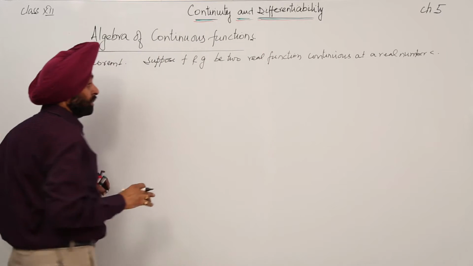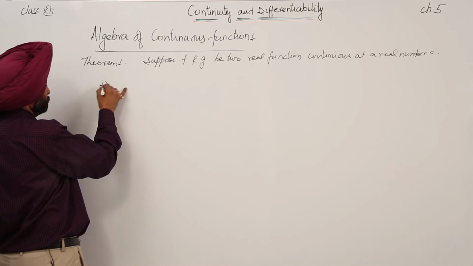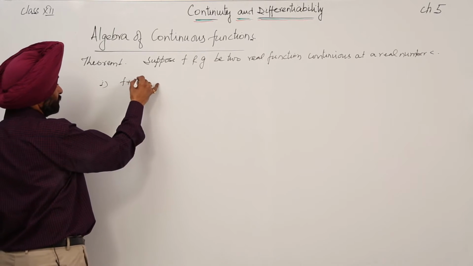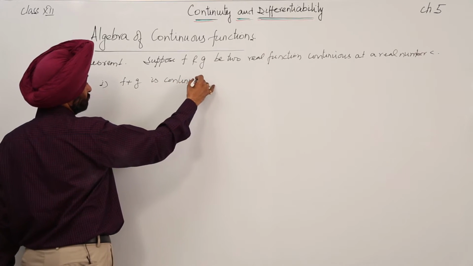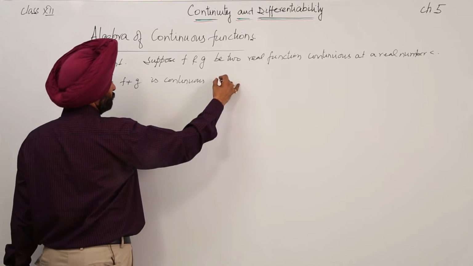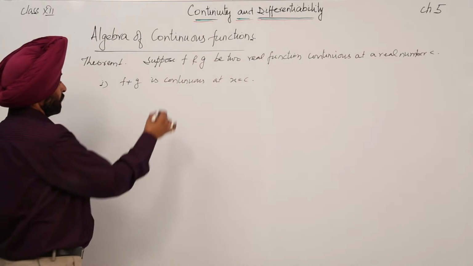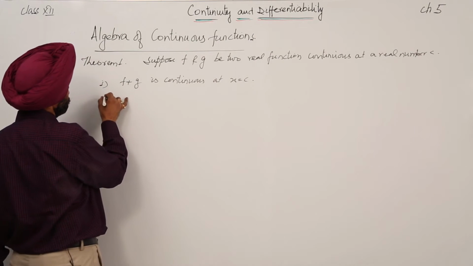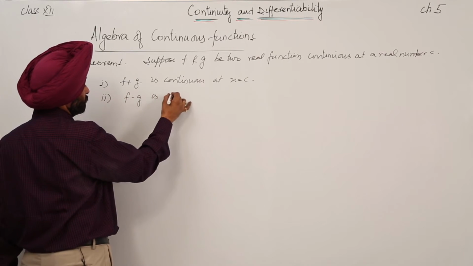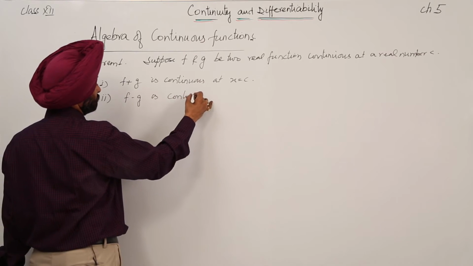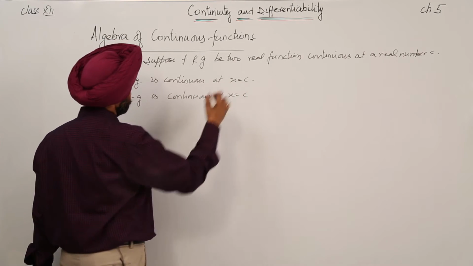Then what conditions arise? Number 1, f plus g is continuous at x is equal to c. First condition. Number 2, f minus g is continuous at x is equal to c.